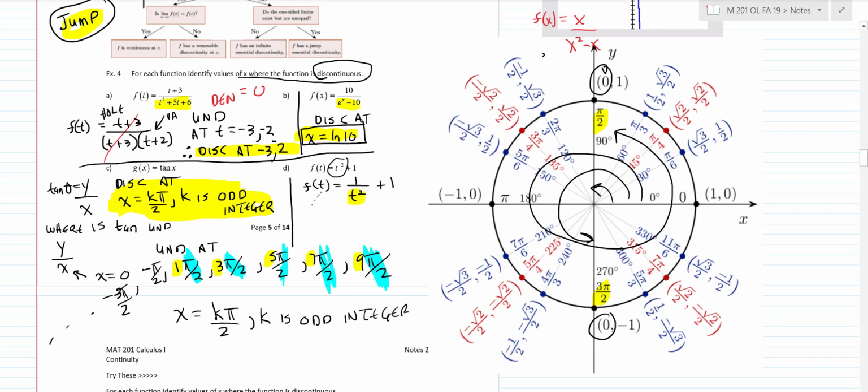Where is a fraction undefined? That occurs wherever the denominator is 0. So the question you ask in your mind is, where is the denominator equal to 0? That happens when t is 0. So we would say discontinuous at t equals 0. And that's it.